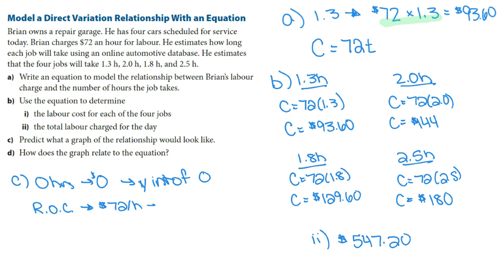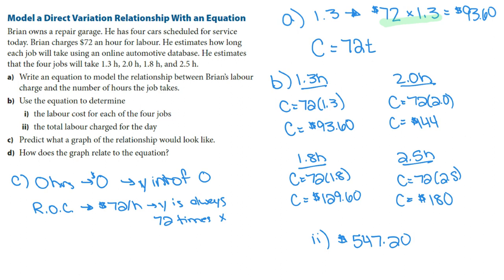So this would make this a multiple, right? So y is always 72 times x. Whatever x is times 72, we get y.